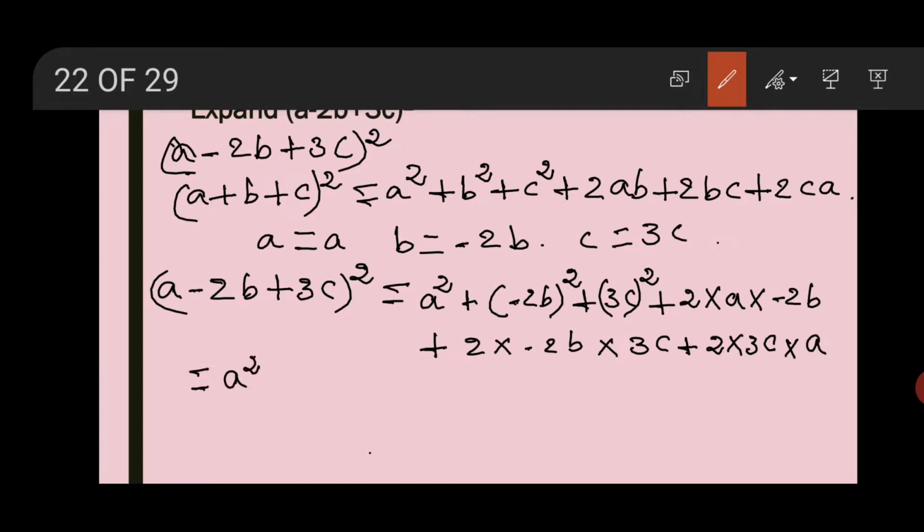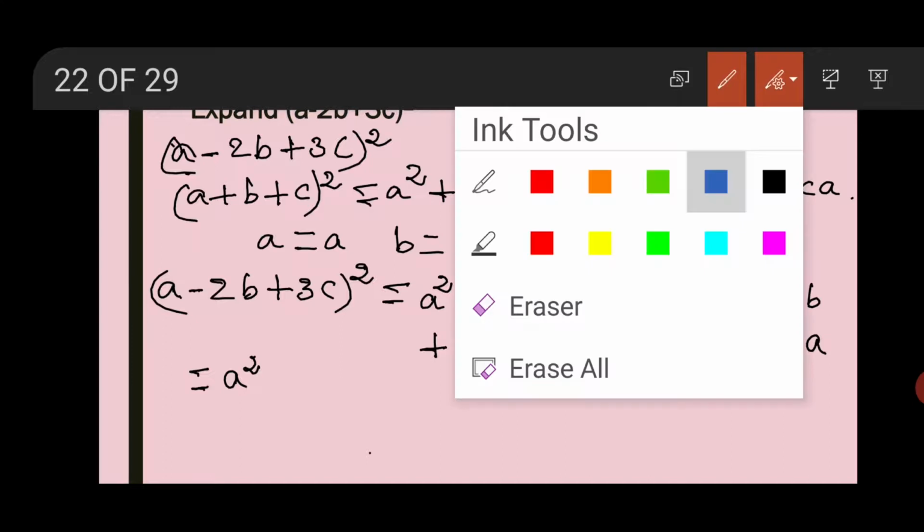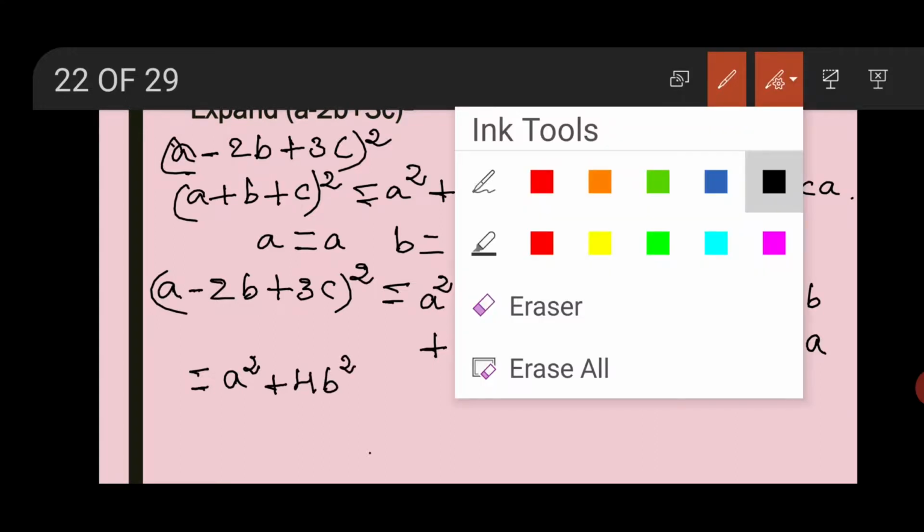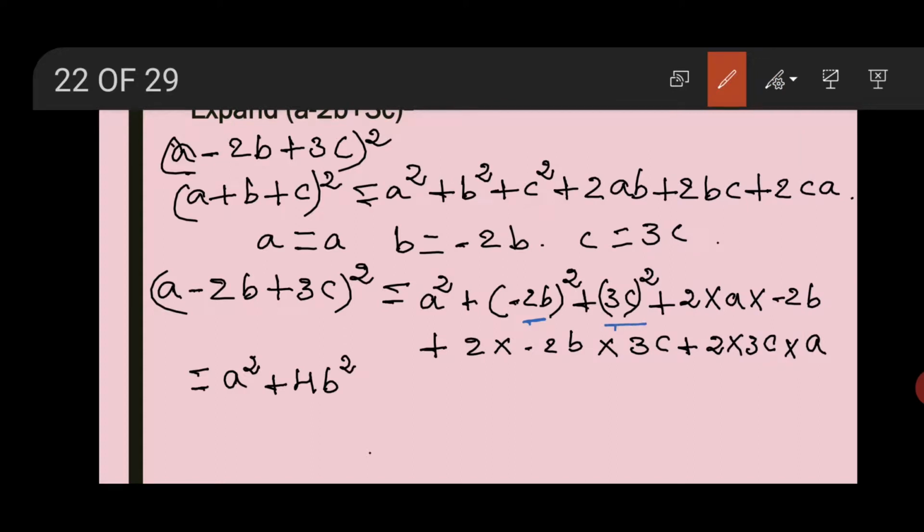Simplify. This is equal to a square plus (minus 2b) whole square. Minus 2b into minus 2b is equal to 4b square. Then what is (3c) whole square? 3 square is 9, so 9c square.